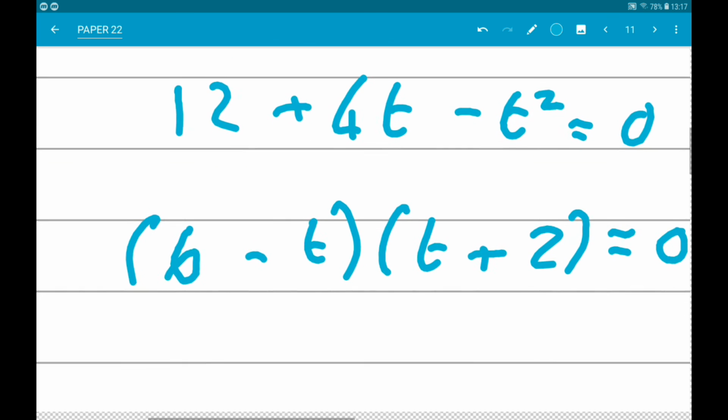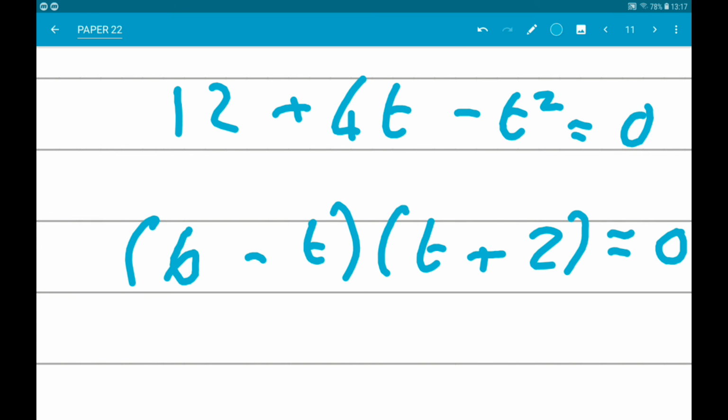So that tells us t is either positive 6 or negative 2, but t is greater than or equal to 0, so t is positive 6 only.